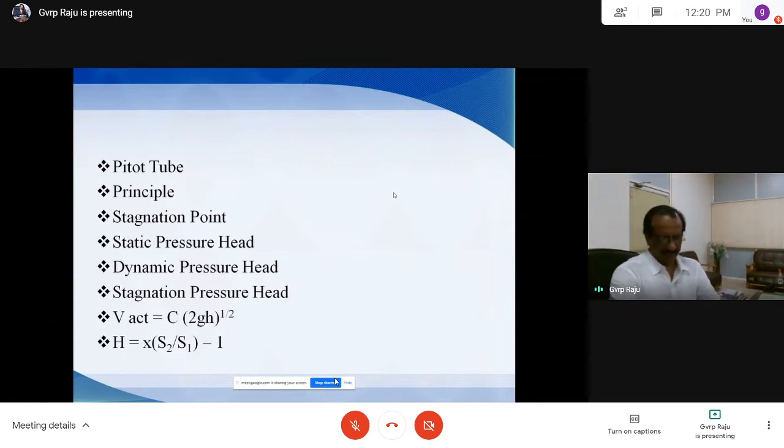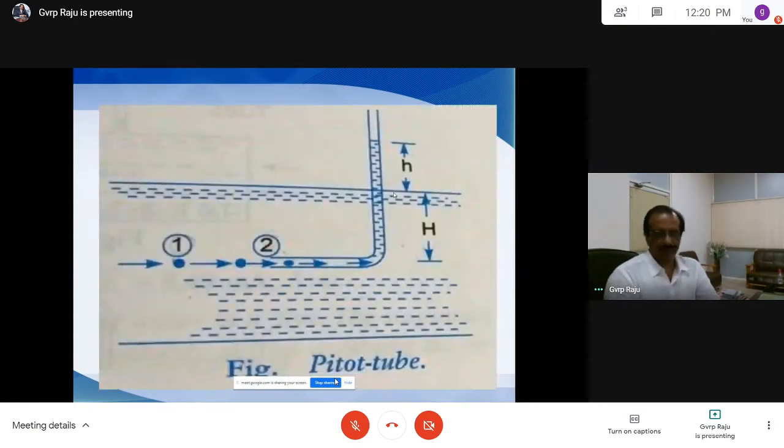Then what is the principle here? This is the pitot tube, bent at right angles. If you see here, this is 90 degrees. The pitot tube is used to find out the velocity of the water flowing through the pipe.